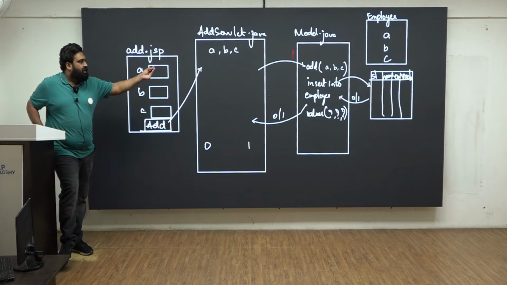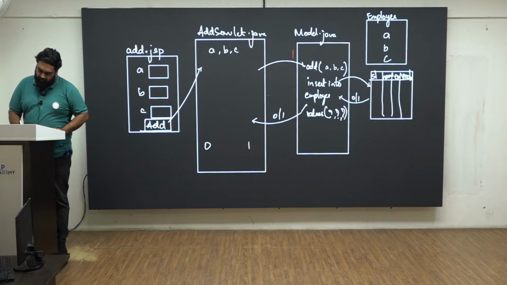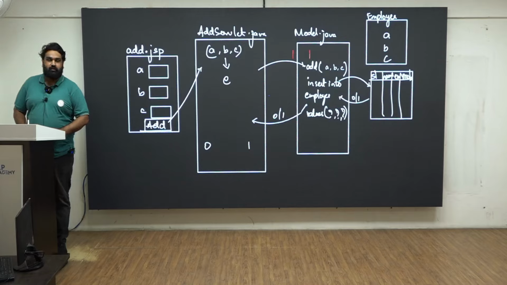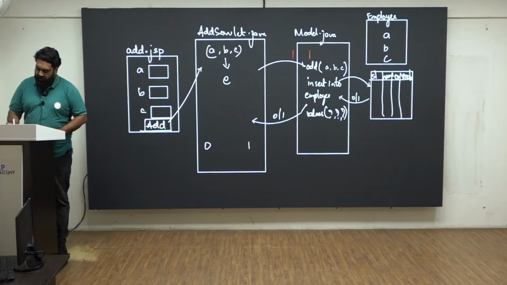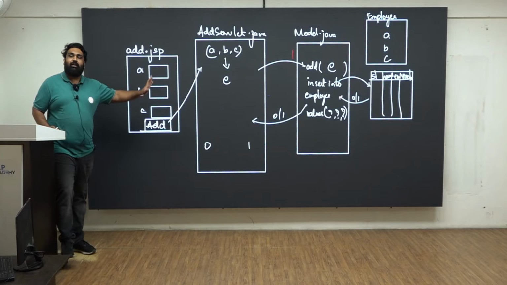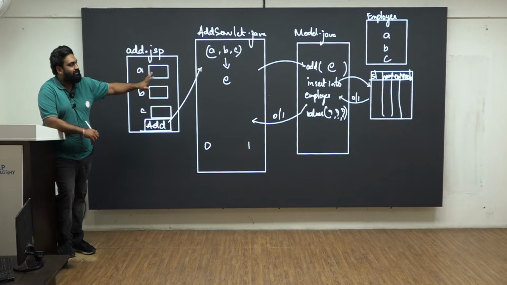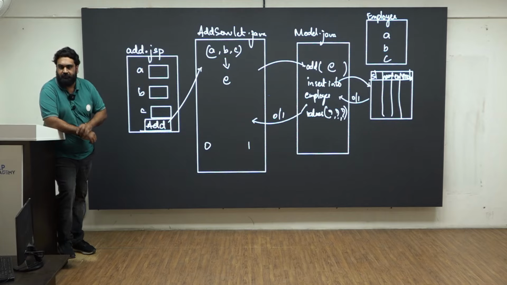So based on A, B and C data, whatever I have here, add servlet will take A, B and C. Then it is going to create an object E. When it is creating an object E, I will not be passing A, B and C, I will pass E. Now am I dealing with objects in my interaction? Yes, now it makes sense that yes, I am following an object.